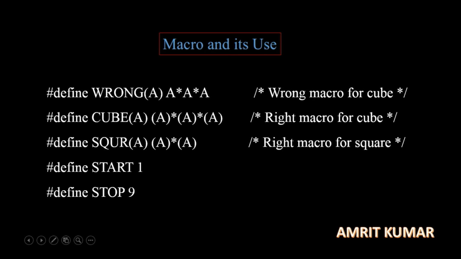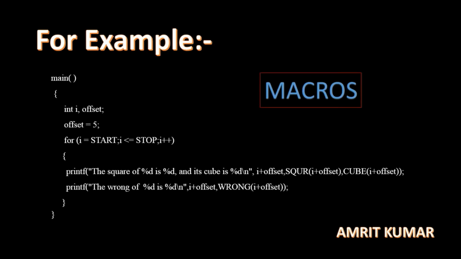So you now know that a macro is used to define anything in your programming. Now let's do the coding, and I am going to elaborate on the code based on the macro. Here is the example. First of all, you have to include the header files before the main function, and I am starting from the main function.